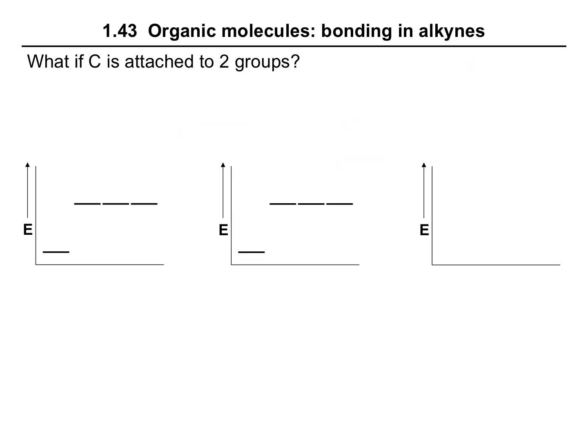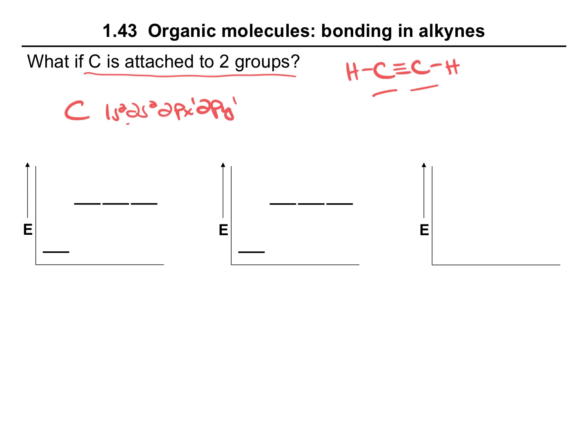Next, let's consider the possibility if carbon is attached to two groups. So this would be the case in acetylene, also known as ethyne. So each carbon is connected to two groups, and remember our electron configuration for carbon is 1s2, 2s2, 2px1, 2py1, and we focus on our valence electrons so that we have our 2s orbital with 2 electrons, our 2p orbitals with 2 electrons as well.